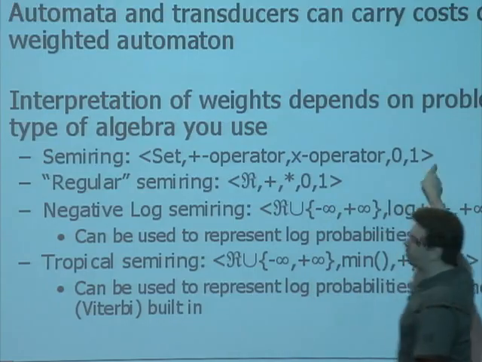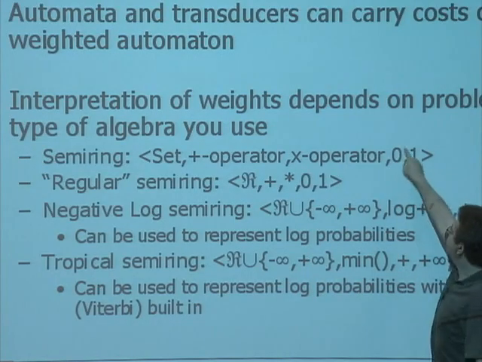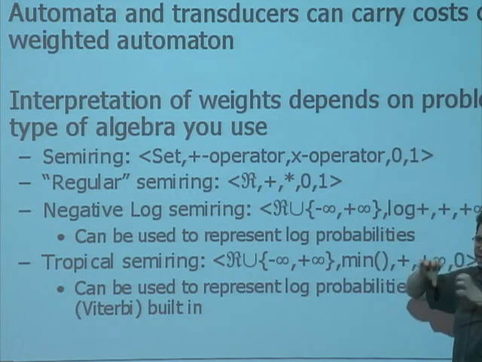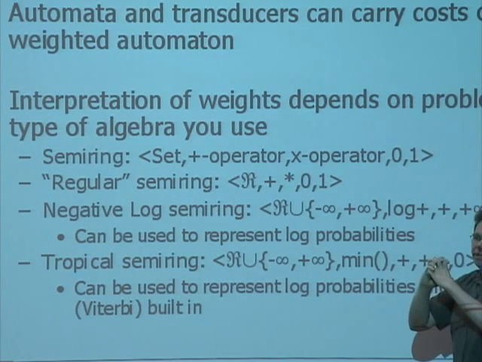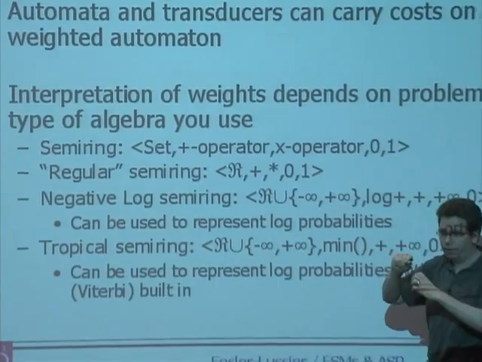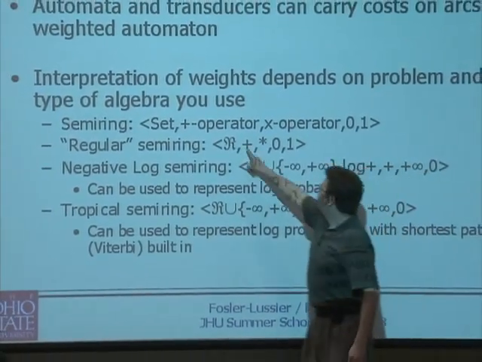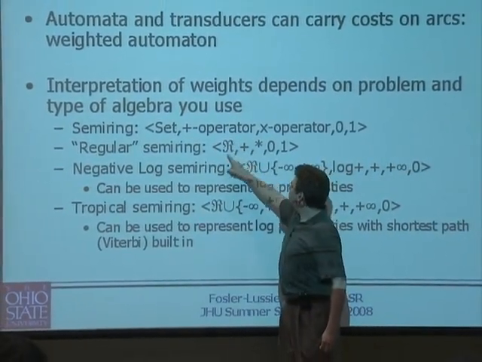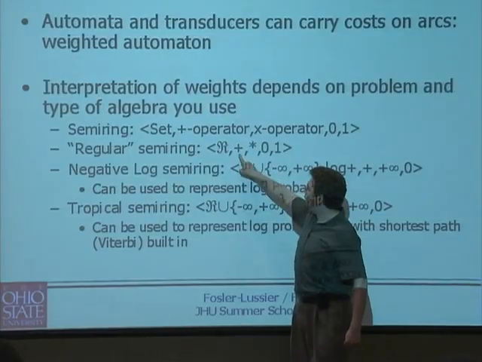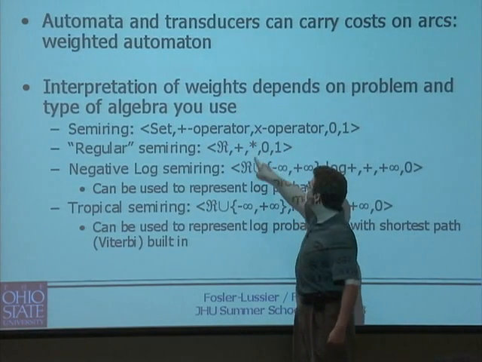And I'll explain what the 0 and the 1 mean. I should actually put a 0 bar and a 1 bar over here, just to indicate that it's the concept of 0 rather than the actual symbol 0. So we have real numbers, and our plus operator will be plus and our times operator will be times.